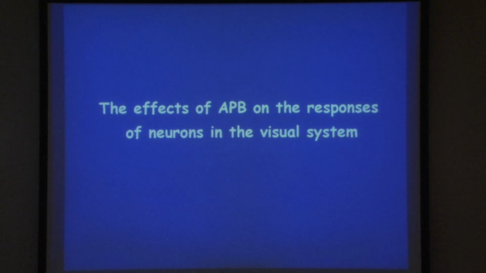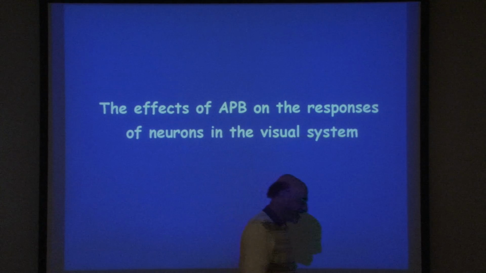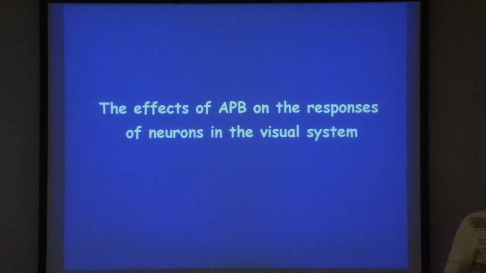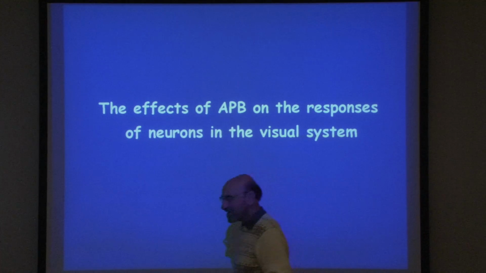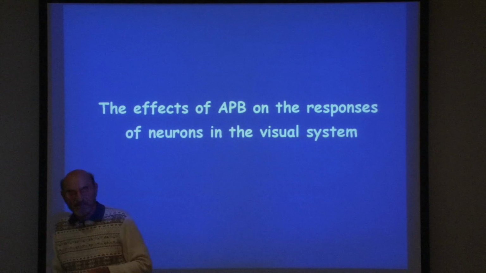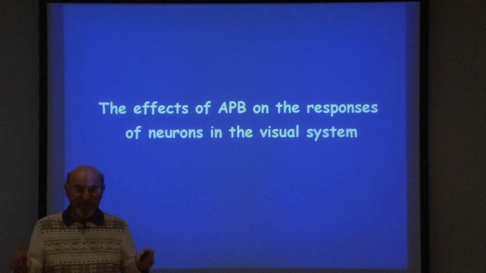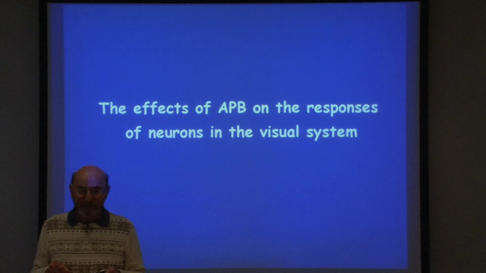All right, so now we are going to move on, and this, unless you had read the preparatory material, is something that may puzzle you: the effects of APB on the responses of neurons in the visual system. So now I'm going to ask you how many of you actually know what APB is.